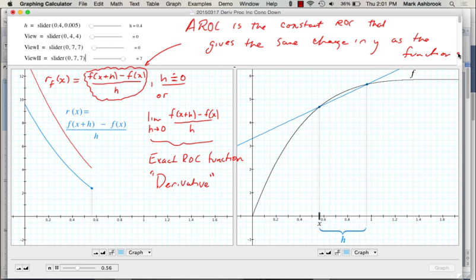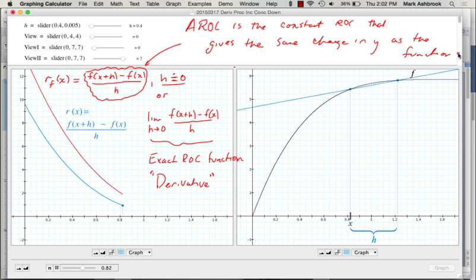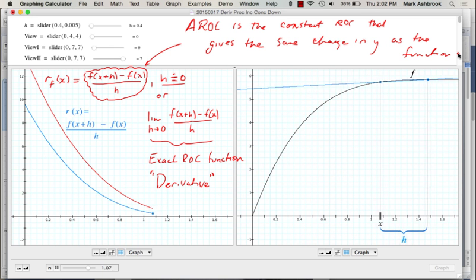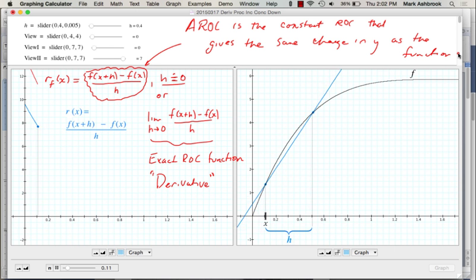Average rate of change is the constant rate that gives the same change in y as the function does. And when you do that for small enough h, you get essentially the exact rate of change. And then you do that for all values of x, you get the function, and that's what the derivative is.